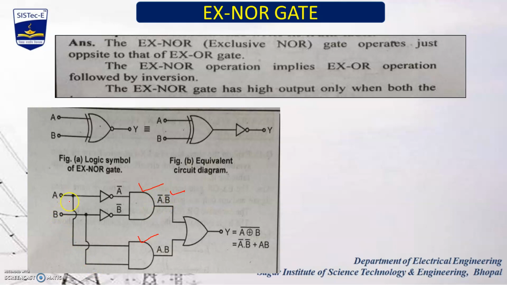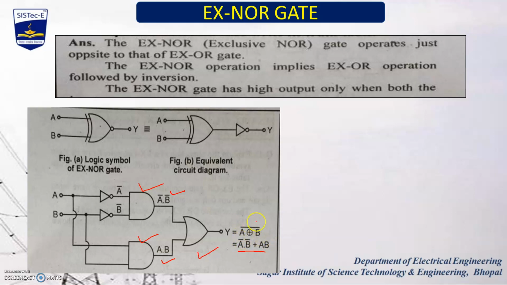Similarly, here two inputs A and B are the input of an AND gate, and the output is A dot B. The outputs of both AND gates are used as the input of the OR gate, and after the OR operation we get A bar dot B bar plus AB, which is the output of the exclusive NOR gate.